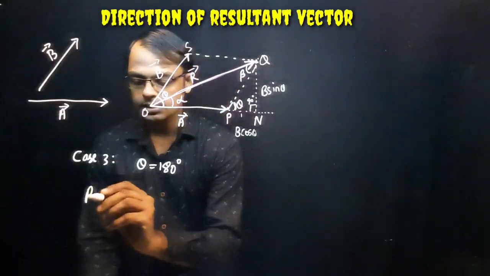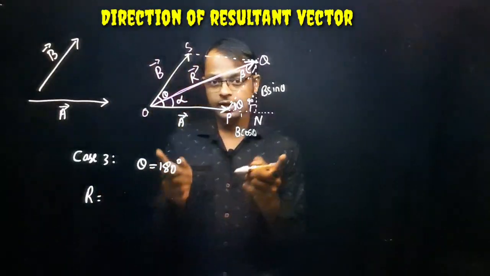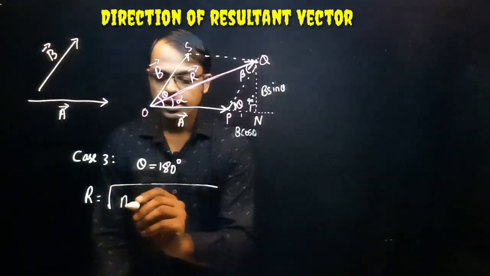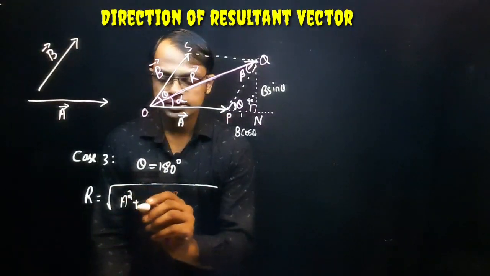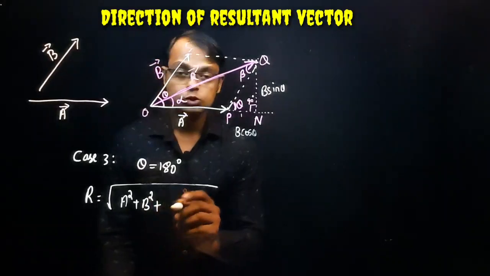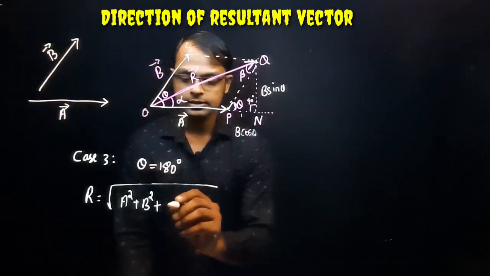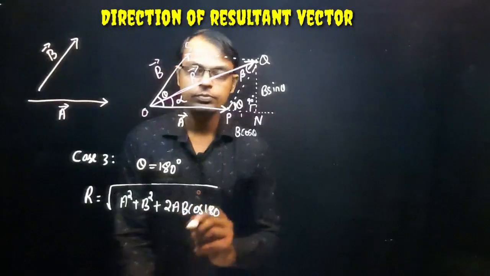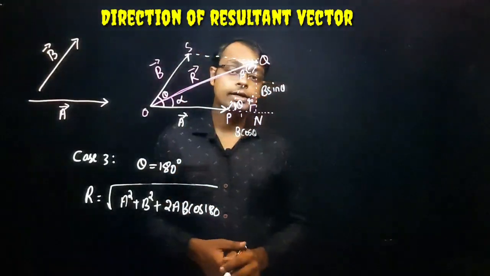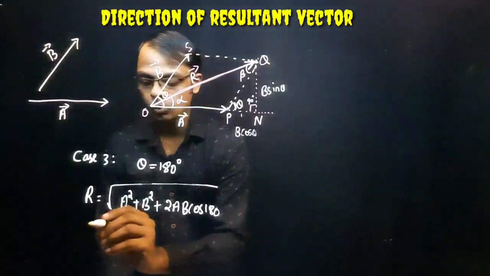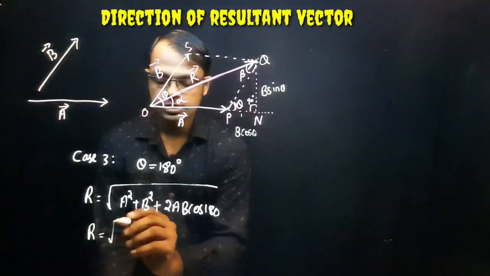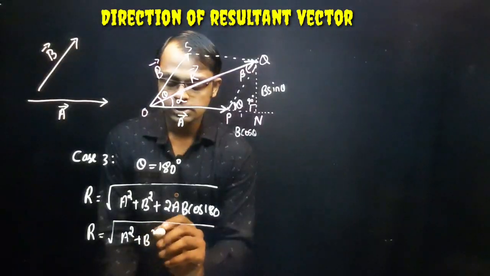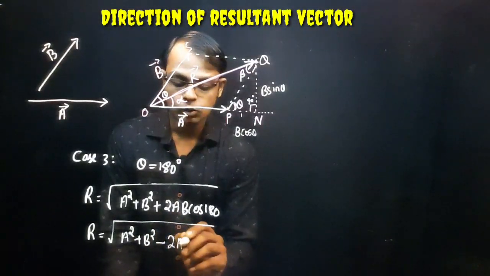So we can find the resultant of these two vectors acting opposite to each other. R is equal to square root of A square plus B square plus 2AB cos 180. As you already know, cos 180 is equal to minus 1. So R is equal to square root of A square plus B square minus 2AB.